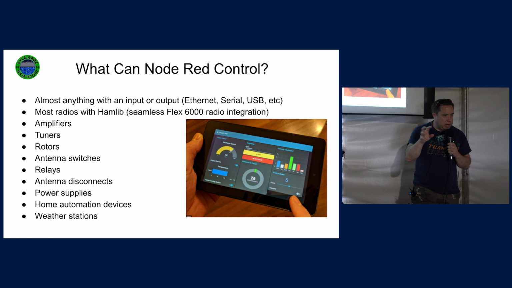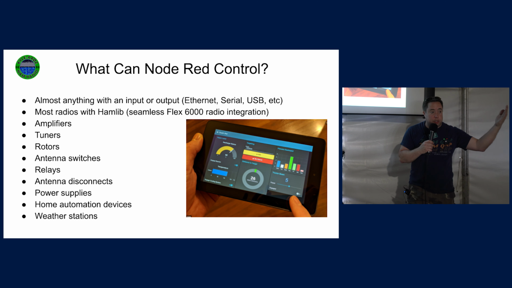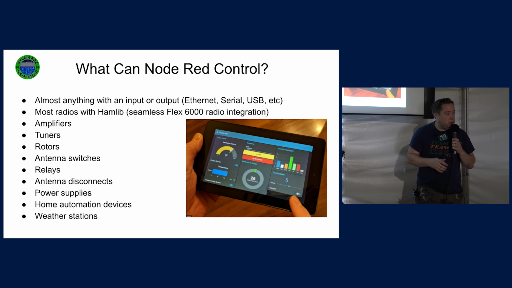It's great. You just drag them over, you can configure them, and they're up and going. What else it can control is amplifiers, tuners, rotators, antenna switches, relays, disconnects. So basically, anything that is in your shack, you can control via Node-RED.